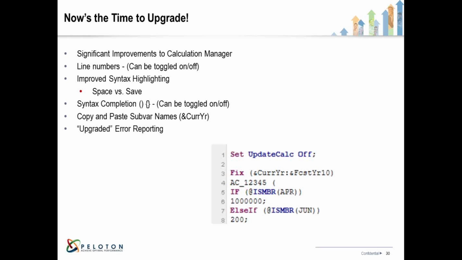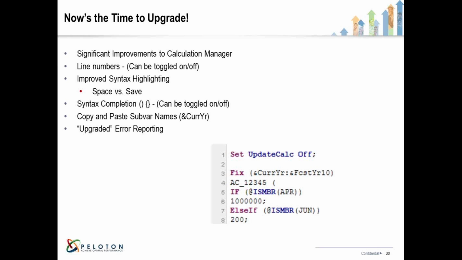There's also syntax completion, which you can turn on and off. And this is great because if you're someone who types in fixed statements and if logic, and you have nested if logic and things that have multiple parentheses, when you open the parenthesis, it's automatically going to create the closed one for you.